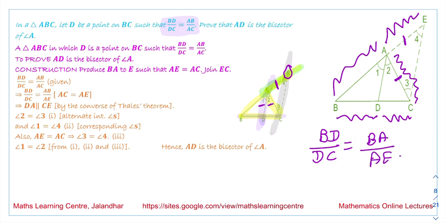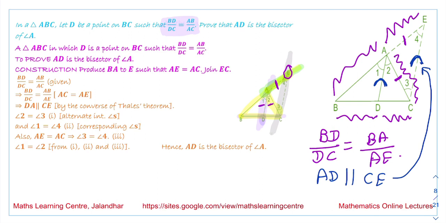So this tells us that these two lines, the line AD and CE, are parallel to each other by the converse of basic proportionality theorem.